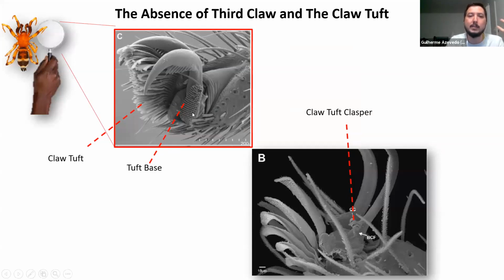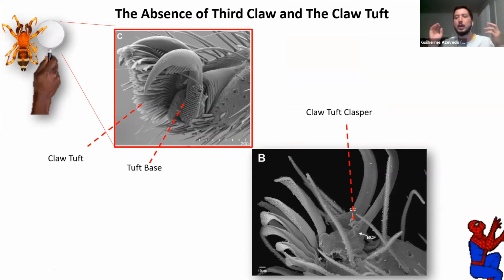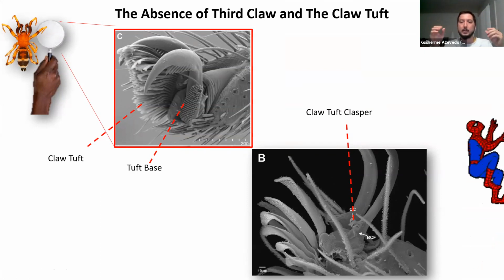Sometimes you have this base that is movable, and other times the bases are fixed, but you have this clasping mechanism that helps to grasp the seta and move the seta. So all those things help the spiders to stick to surfaces, to smooth surfaces.